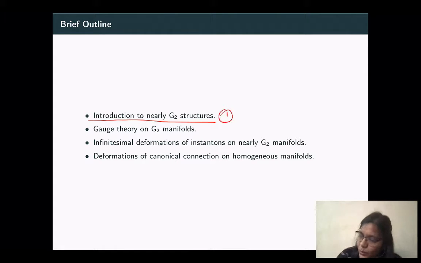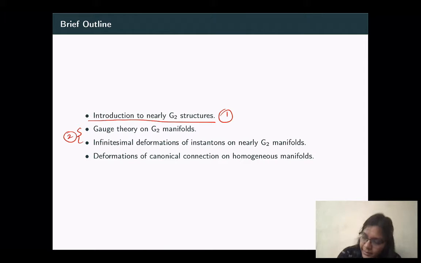So this is lecture 1, and in lecture 2 I'll be covering these 2 topics, that is gauge theory on G2 manifolds, and we'll also talk about the infinitesimal deformations of instantons on nearly G2 manifolds. I'll define each and everything. I'll define what a G2 instanton is, and we will also see how we can describe the space of infinitesimal deformations.